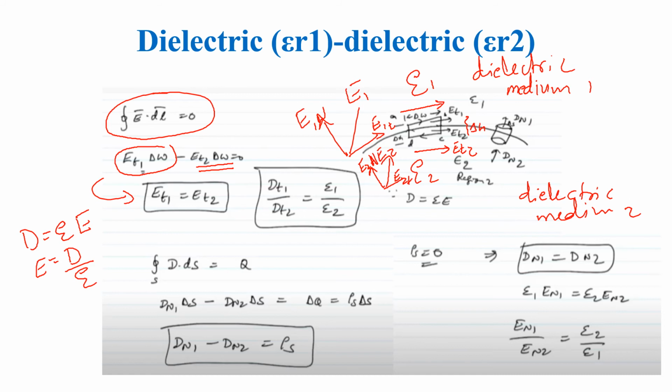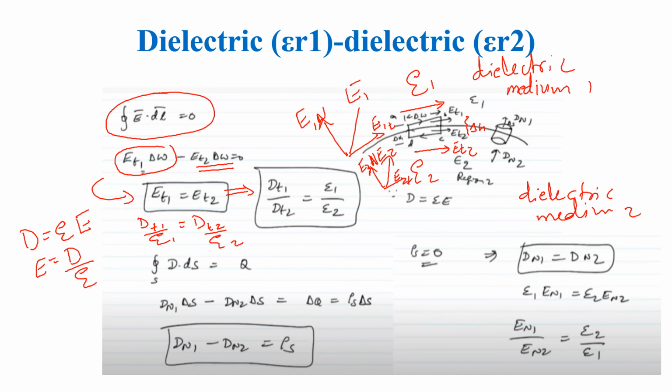Therefore, ET1 equal to ET2 becomes DT1 by epsilon 1 equal to DT2 divided by epsilon 2. Therefore, DT1 by DT2 equal to epsilon 1 by epsilon 2. So that gives the tangential component of electric field in both the media: ET1 equal to ET2. They are the same.